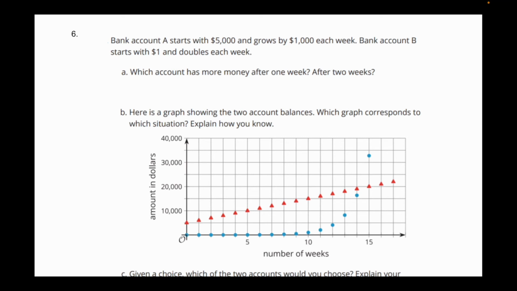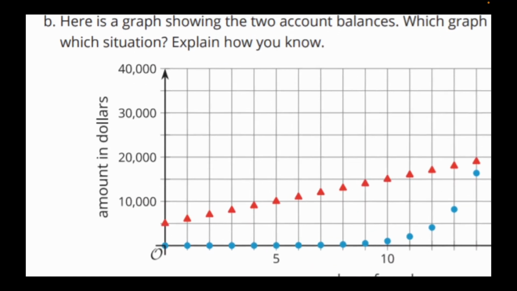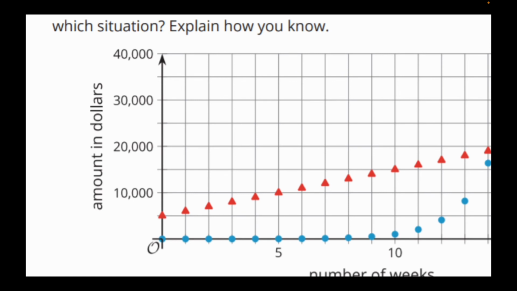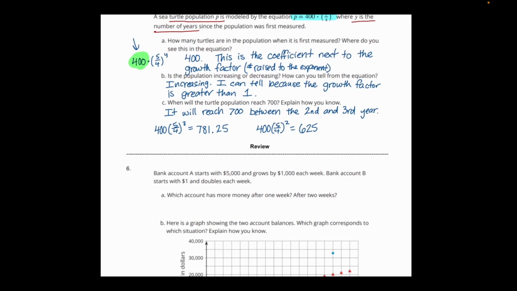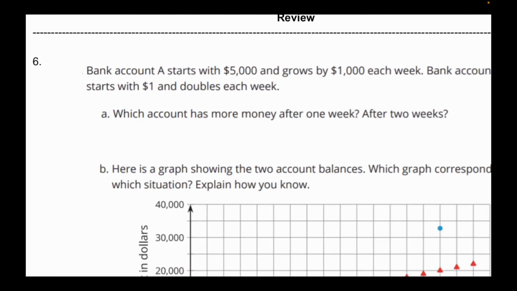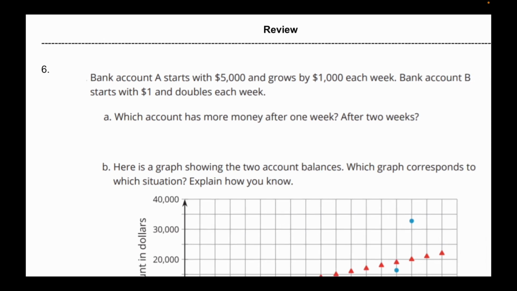So you can either evaluate by checking or by just looking at your graph. After 1 week and after 2 weeks, we have the two accounts here. The account that has more money in those first 1 week and 2 weeks is right here. It is still the account that started with more money. So bank account A will be the one with more money in both of those cases.